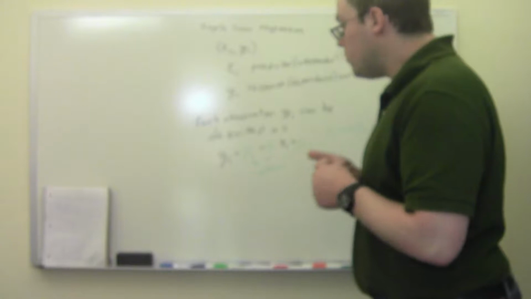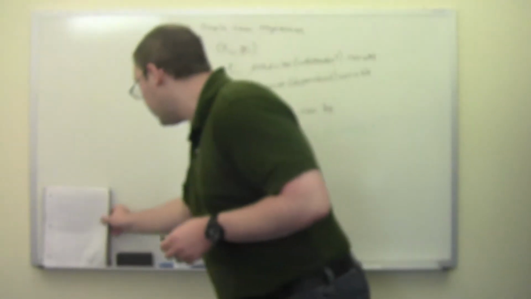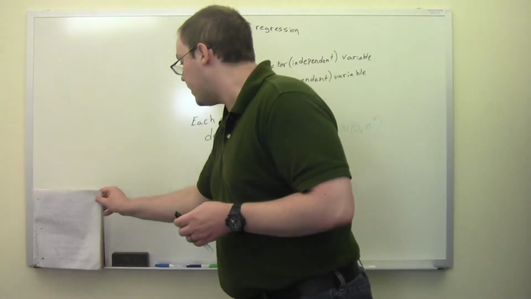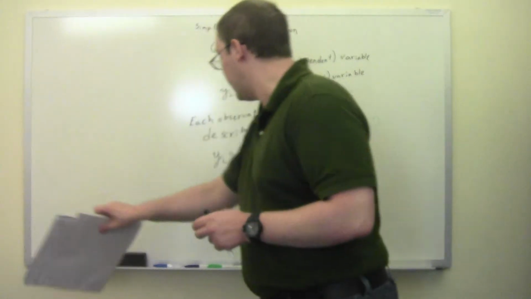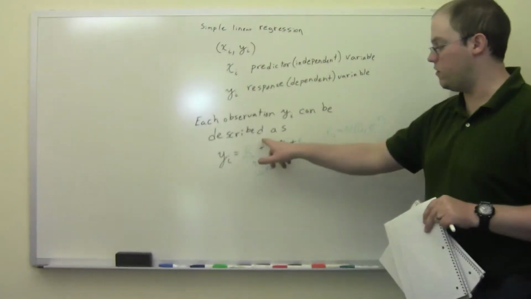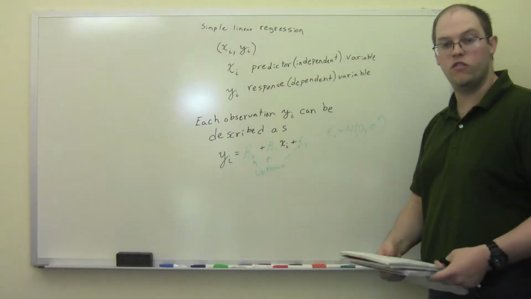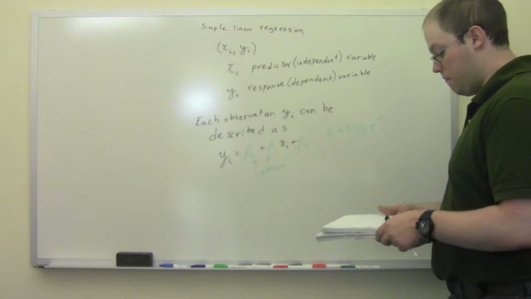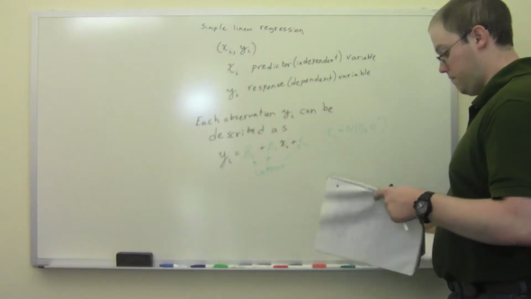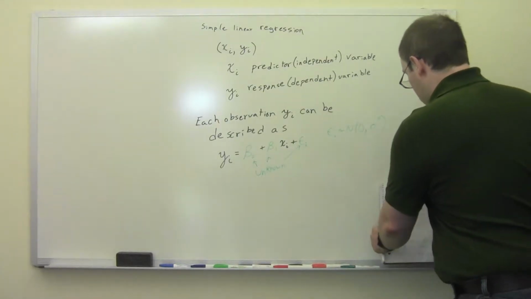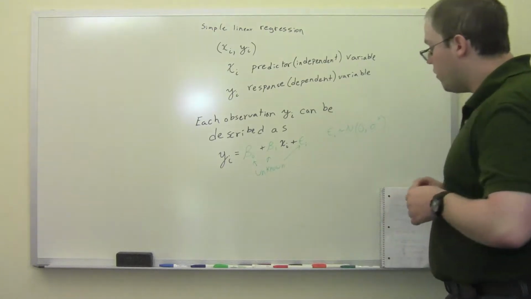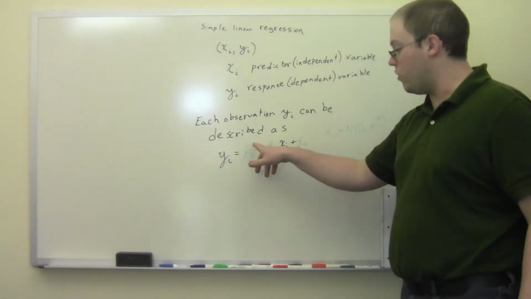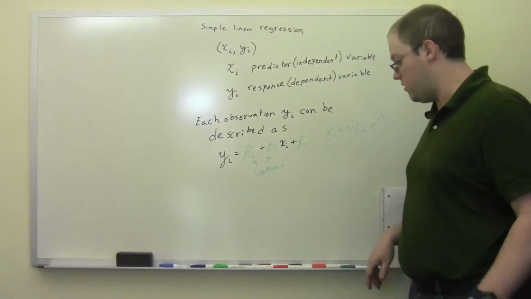So what we want to look at next is how exactly we are estimating these beta 0 and beta 1. These are some unknown constants, and we need to come up with some estimate of them. You could think there are many different criteria that we could use for trying to estimate these.